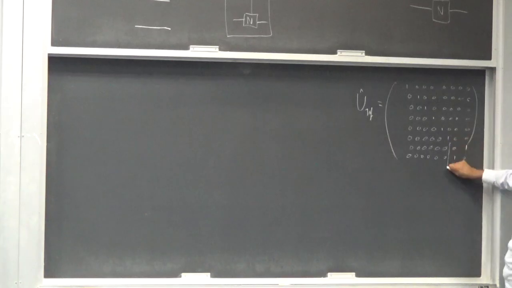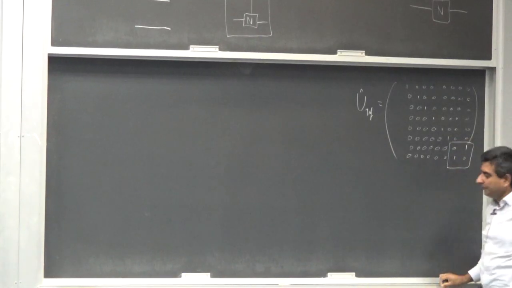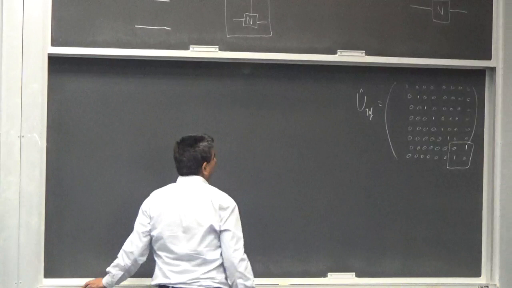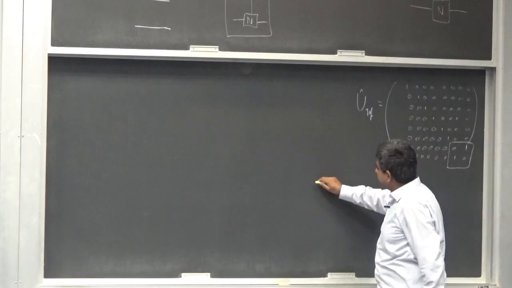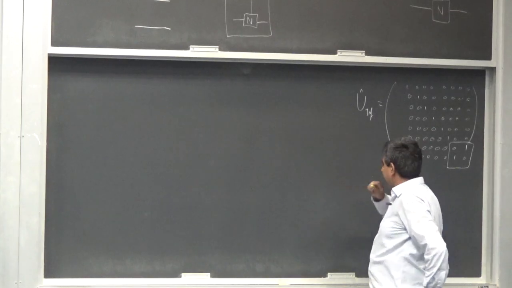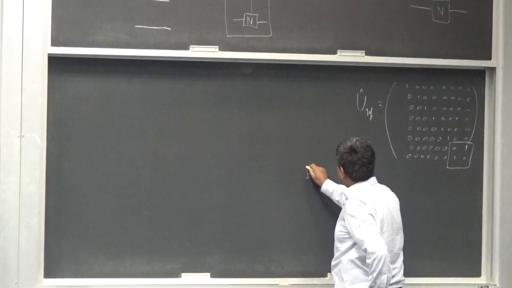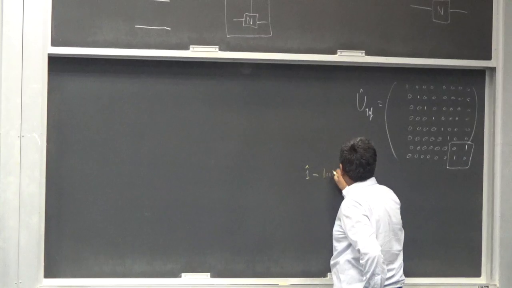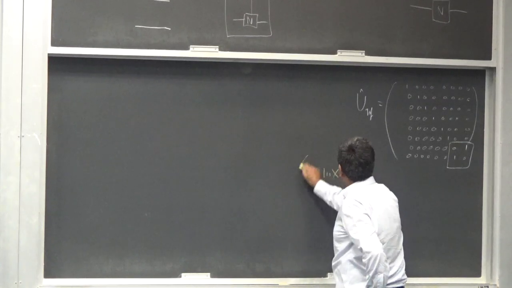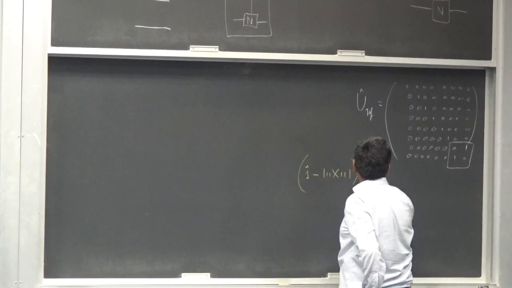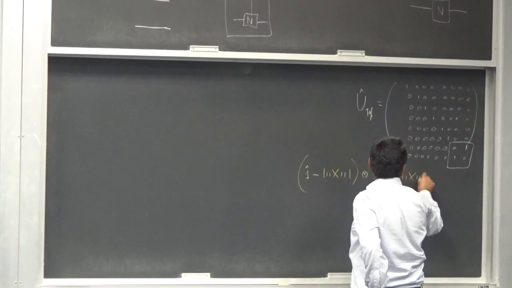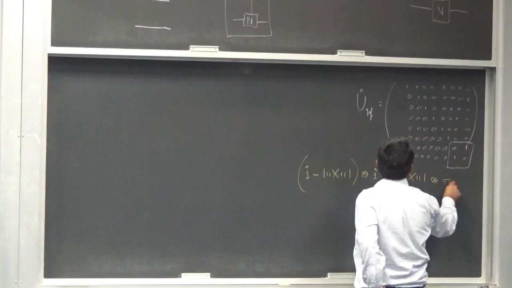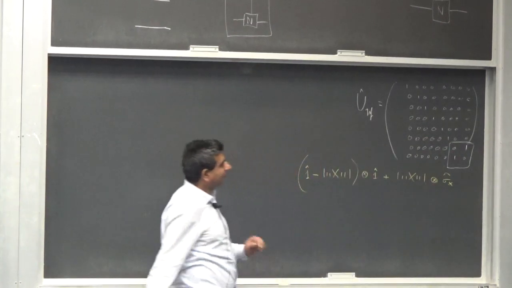So in this block here, you have a NOT gate. In other words, if you like to write the outer product formulation of this, this is what the Toffoli gate looks like.